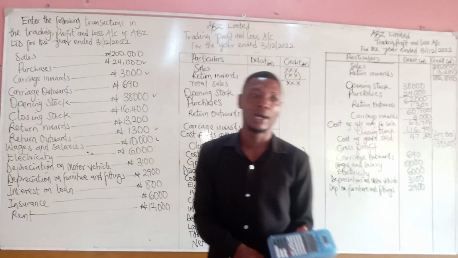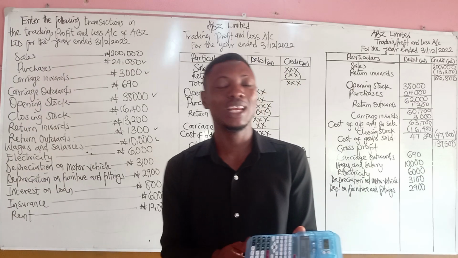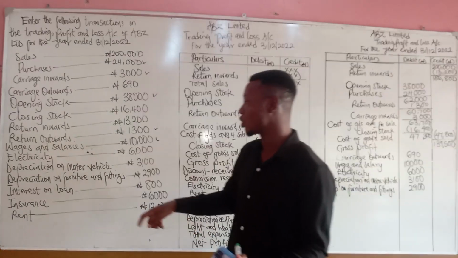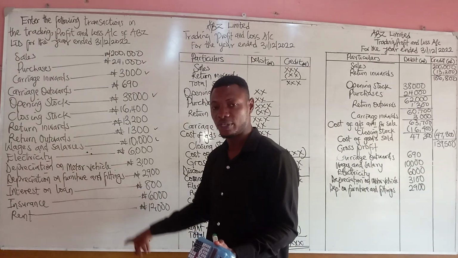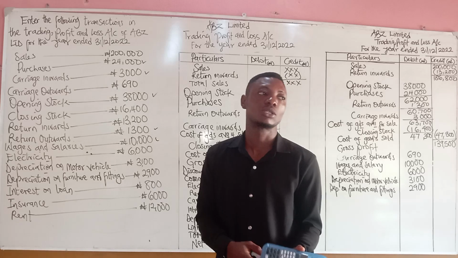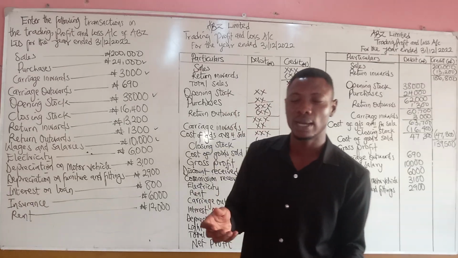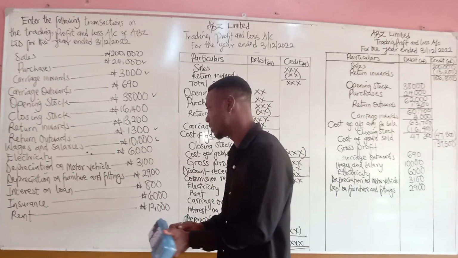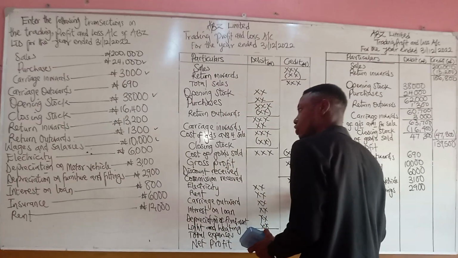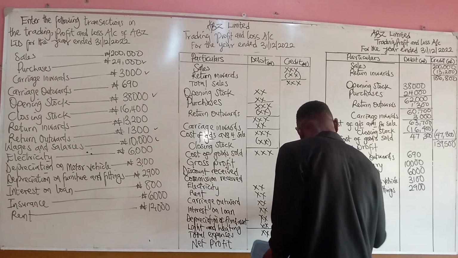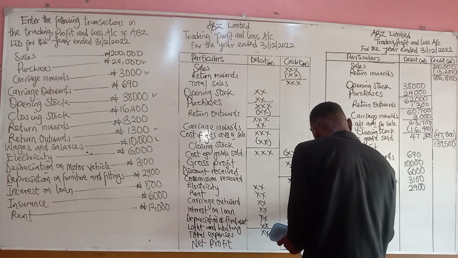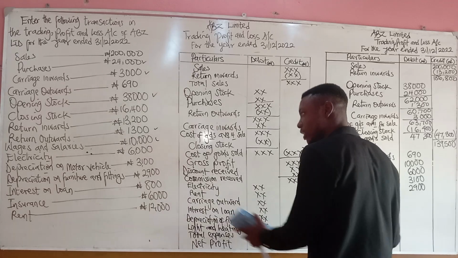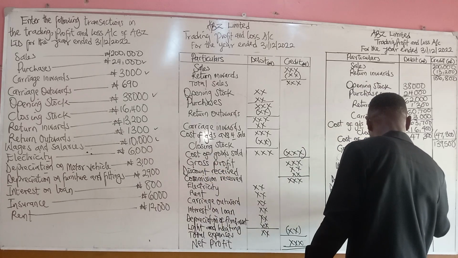If the loan amount was given, you are going to charge the loan to the balance sheet, while the interest on that loan goes to the profit and loss. In the balance sheet, interest on loan can also be charged under the current liabilities. Do we understand? Under current liabilities. So I have interest on loan. Interest on loan is 800.